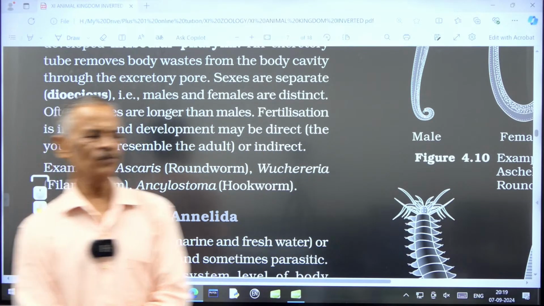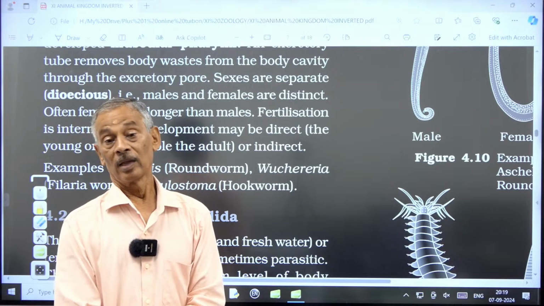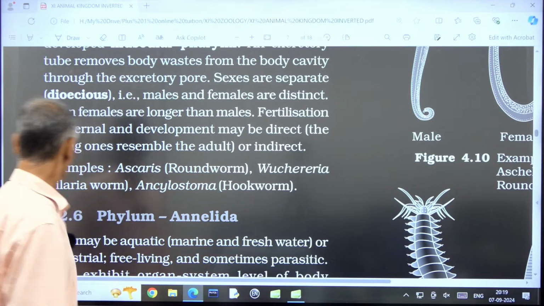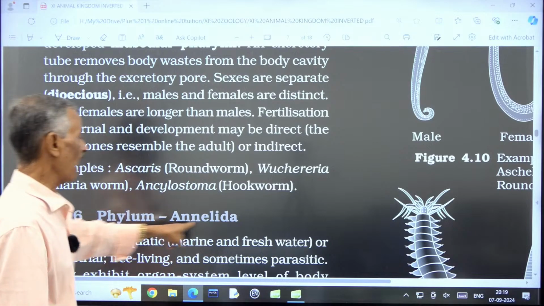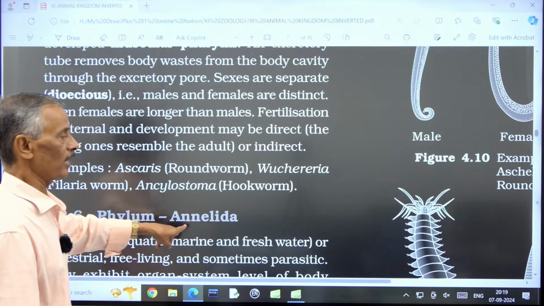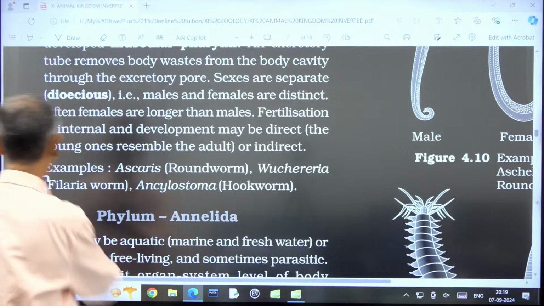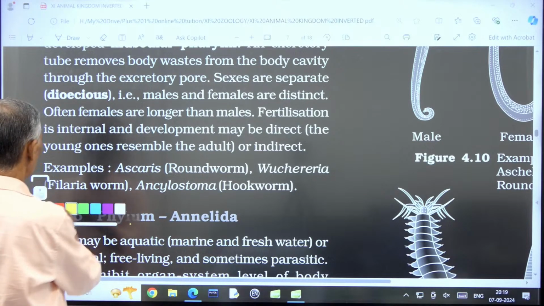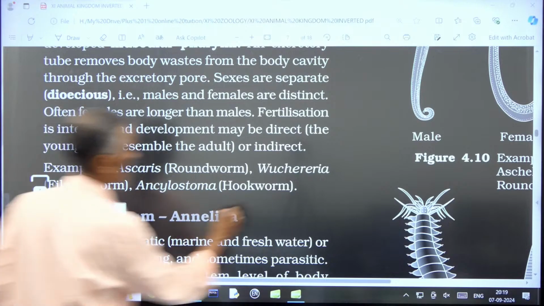So understand the word meaning, then everything will be clear to you. Annelida include animals which are all having rings in their body. What are rings? These are all segments. It is from the term annulus.